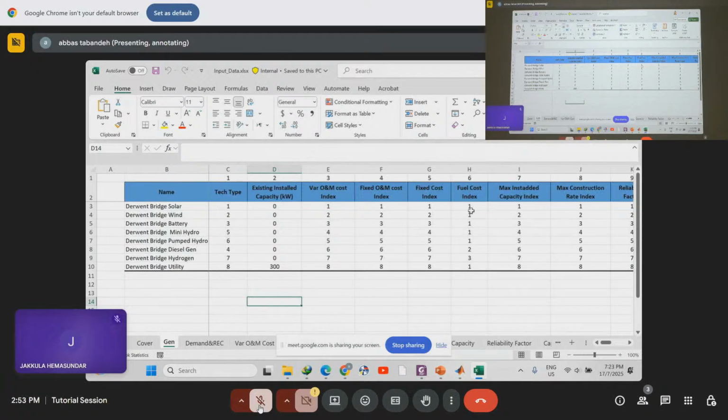What does it mean? For example, 1 means that they don't need any fuel, because solar, wind, battery or mini hydro don't use fossil fuel.